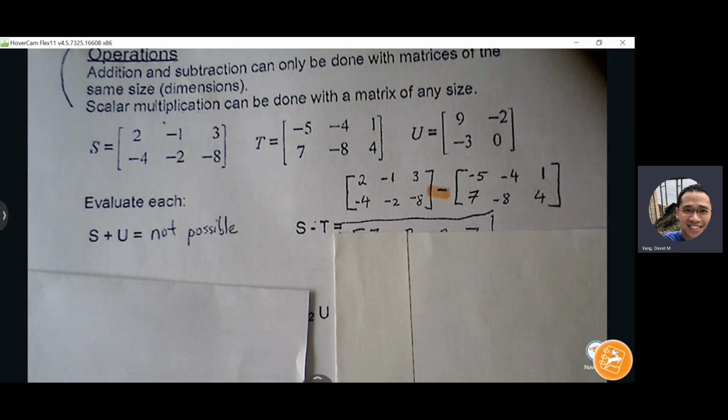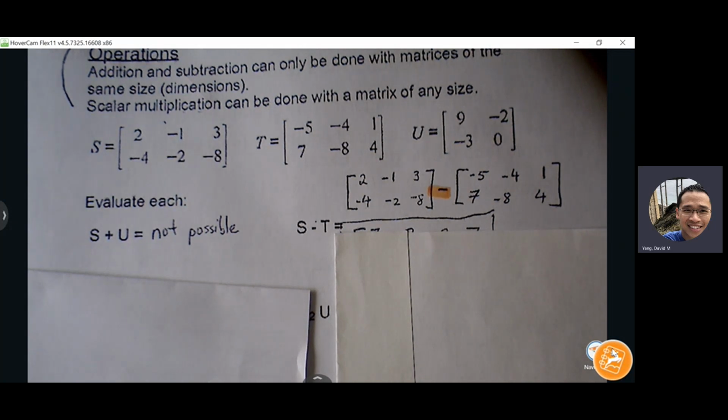So what's gonna be the first row, first column value? 2 minus -5, which is what? 7. Okay, so go ahead and try that. See if you can find the corresponding resulting matrix. Just make sure that we keep track of our additional negative that is going to potentially cancel out the negative that's already in the second matrix.